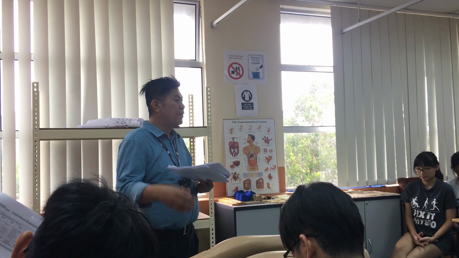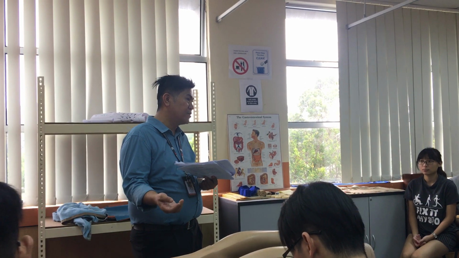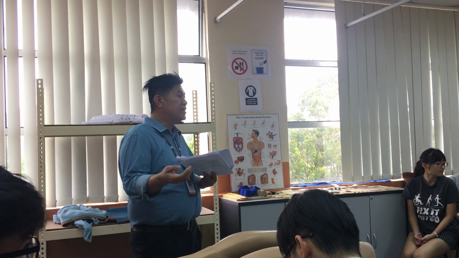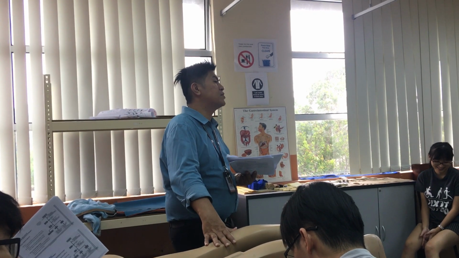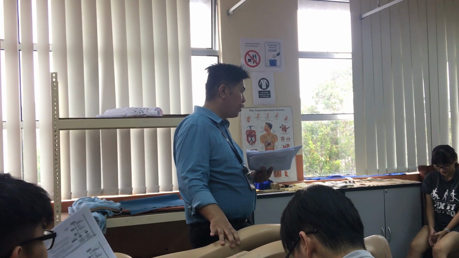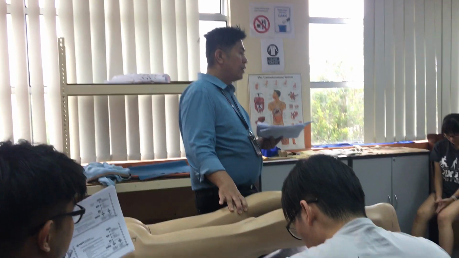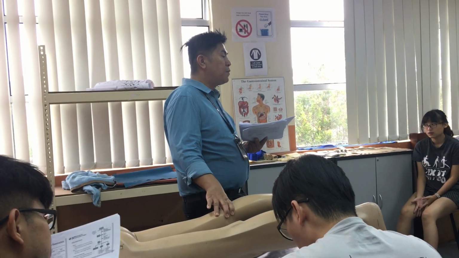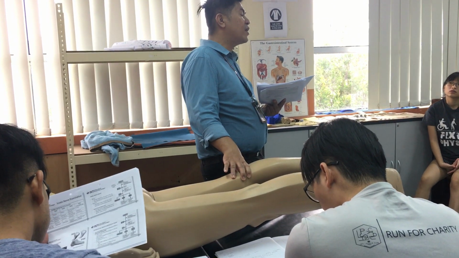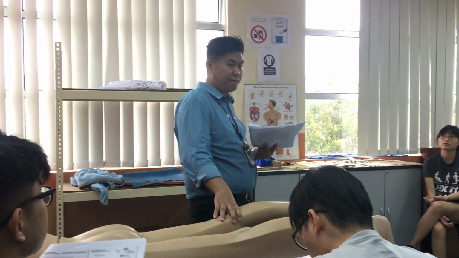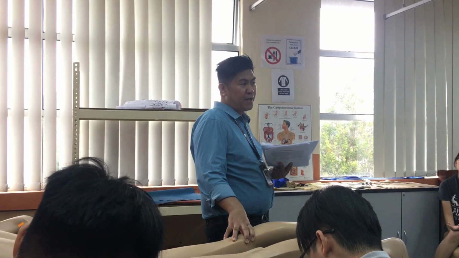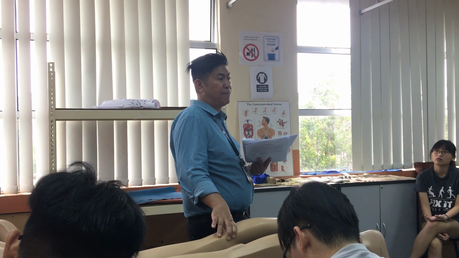So there will be paralysis of peroneus longus, peroneus brevis, peroneus tertius, tibialis anterior, extensor hallucis longus, extensor digitorum longus, and extensor digitorum brevis. All of these muscles will be paralyzed. Understood? And there will be loss of sensation on the anterolateral leg and dorsum of the foot. That is if I'm suspecting a common peroneal nerve damage.